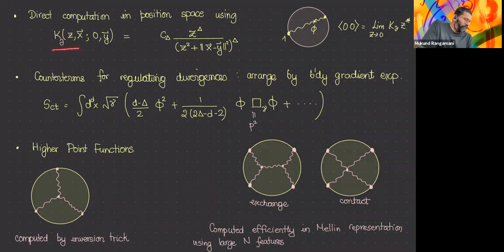This bulk to boundary propagator is very useful if you want to start computing higher point functions. So now let's add in a bulk interaction. So let's put S of phi to have a term like lambda phi cubed. Okay. So let's say there's a 3-point vertex in the bulk.